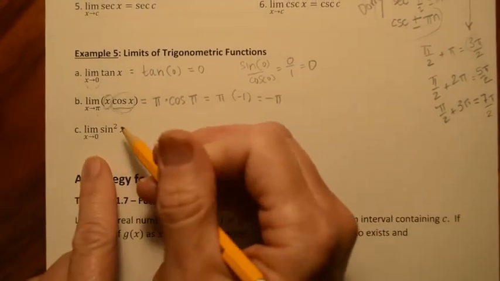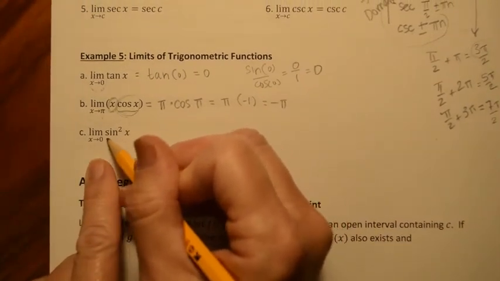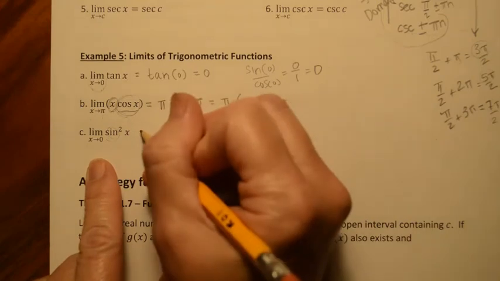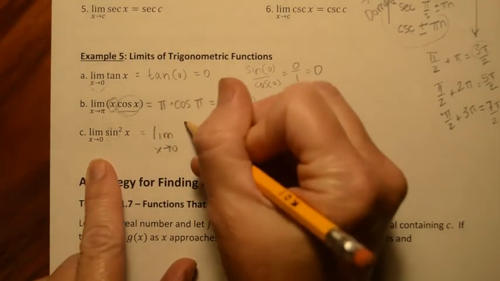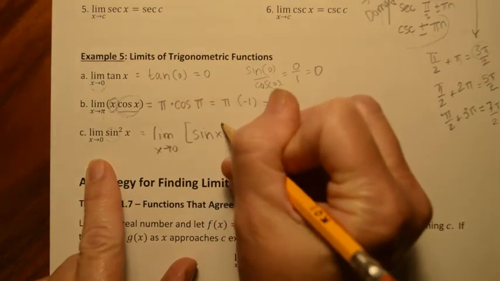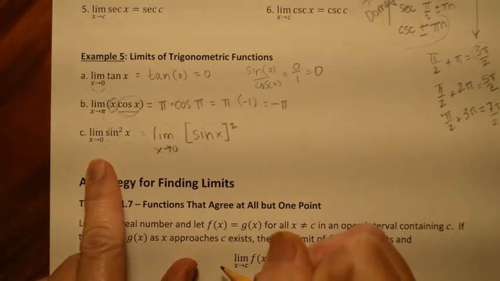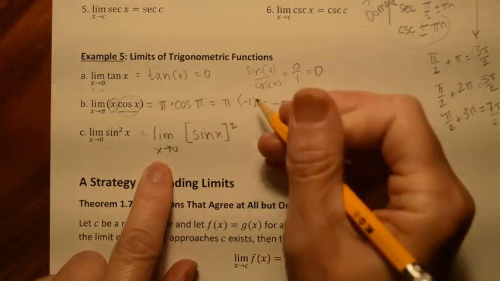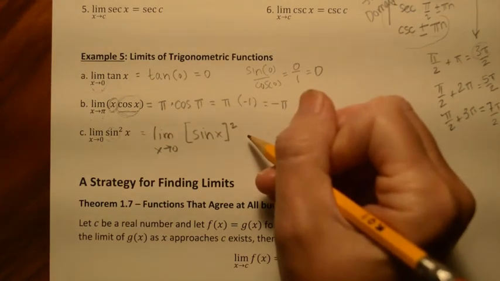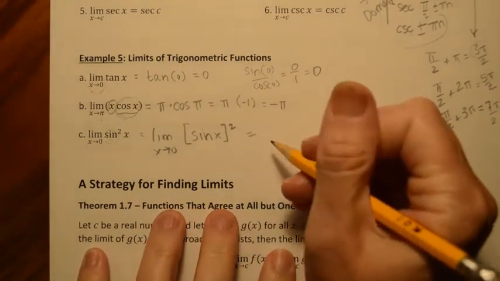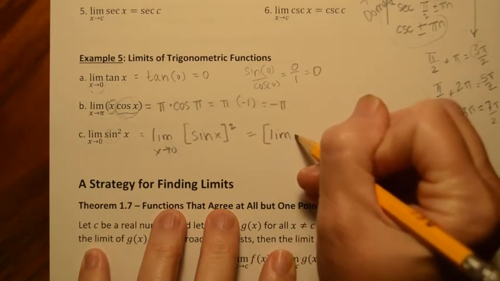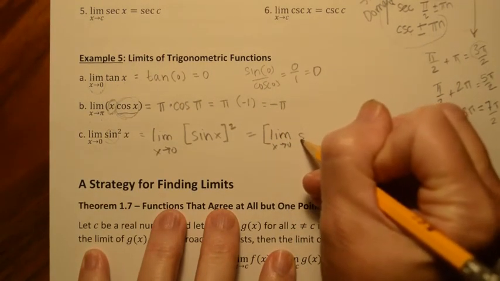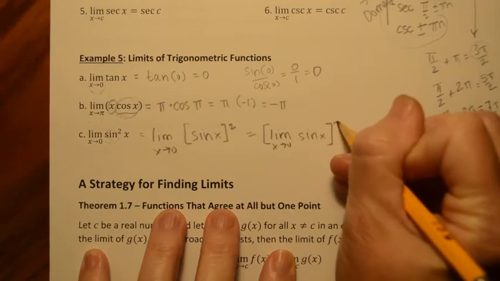Okay, and then right here, we've got, again, a sine function. Really, this is the same thing as the limit as x approaches 0 of sine x quantity squared, which we know from some of our earlier rules that we can say is the limit as x approaches 0 of sine x, squared.